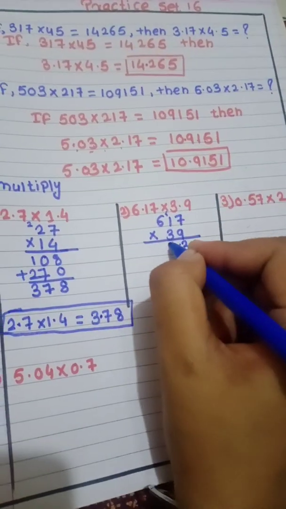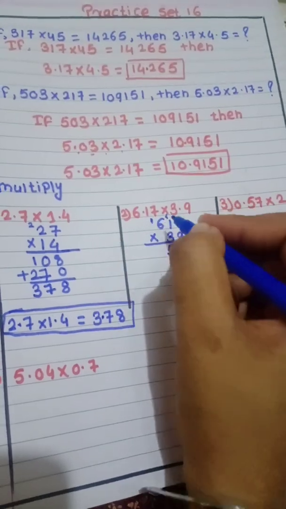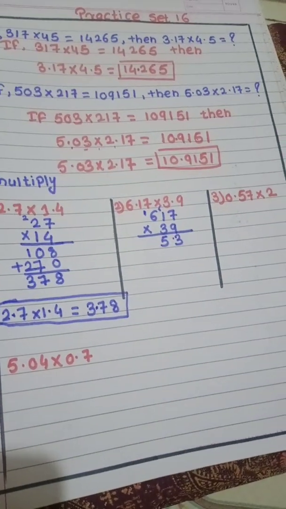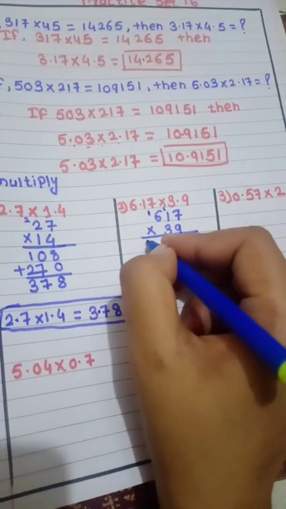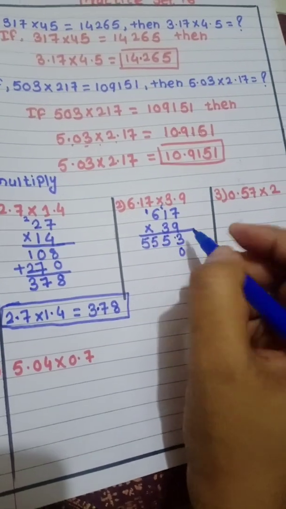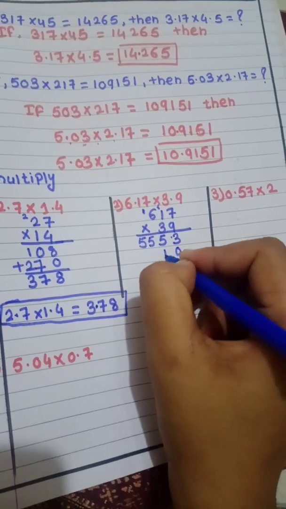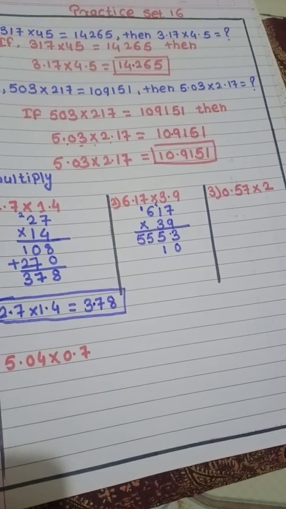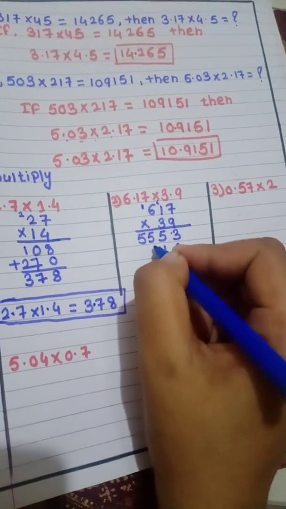So I'll write 5 and carry 1. 9 6s are 54. 54 plus 1, 55. So 0. 3 7s are 21. 1, I'll carry 2. 3 1s are 3, 3 plus 2, 5.